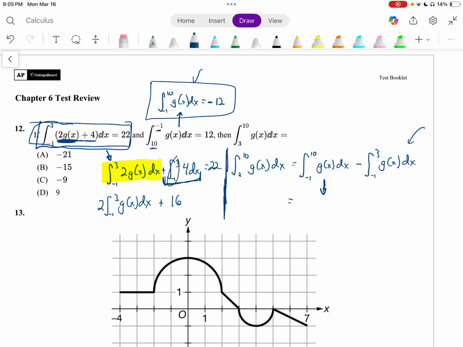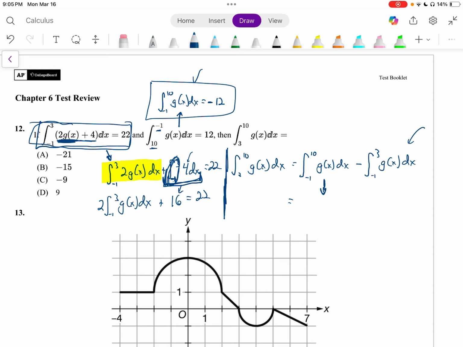And that is a rule when you have an integral from a to b of a constant, it's this distance, -1 to 3, times the constant. And we could actually integrate and figure that out as well, but that's equal to 16.